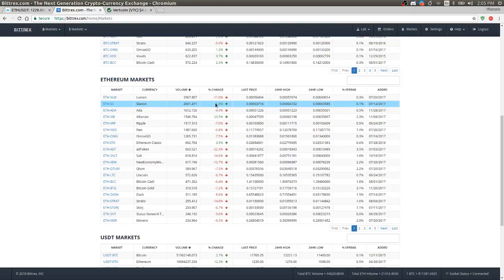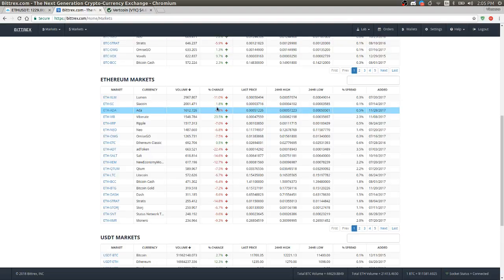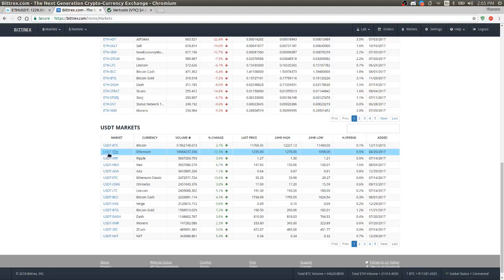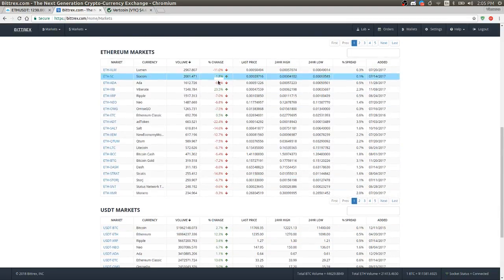If you win this trade and you win, let's say, 5%, probably your USD value will be higher than 5% since Ethereum is pumping in the USDT chart, right? And in the USDT market, as you see, it's all green. So in this case, if Ethereum in USD is pumping 12%, and you win a trade of 10%, now I don't know the math, but for sure your return in USDT will be higher.